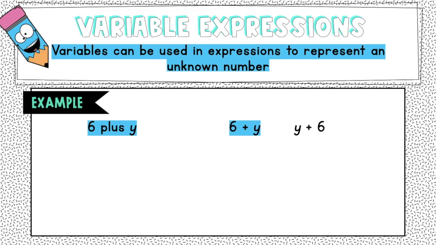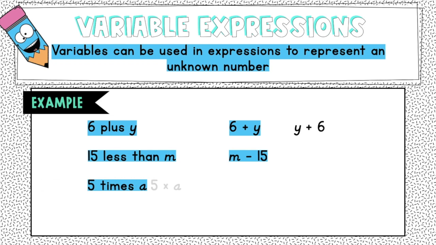Make sure you have the highlighted words written down in your notes. You do not need to copy down the extra examples. For subtraction, if I have 15 less than m, that's going to be written as m minus 15, because I'm taking away 15 from the unknown amount that's represented by the letter m.